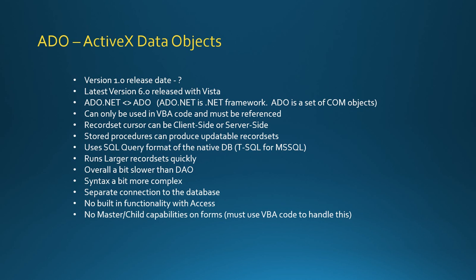And of course, there's no master-child capabilities with forms, and that's one of those things that I'm talking about, built-in functionality with Access. The inability to just link your master-child subforms and forms together, that functionality is really, really nice within Access. Not being able to utilize it with ADO really kind of sucks. But you can write VBA code to manage that for you.